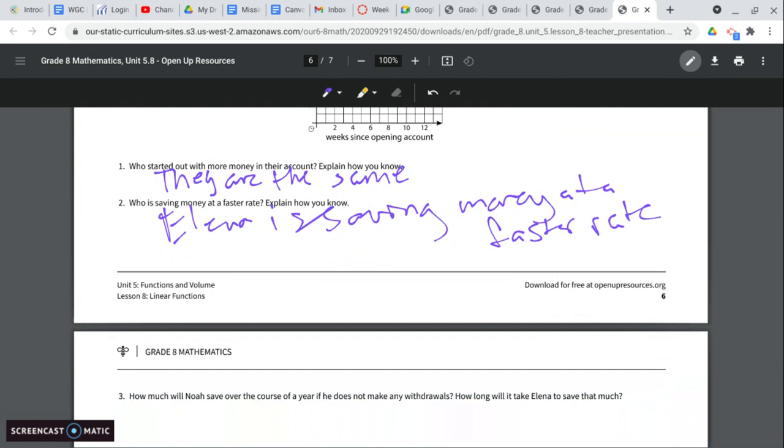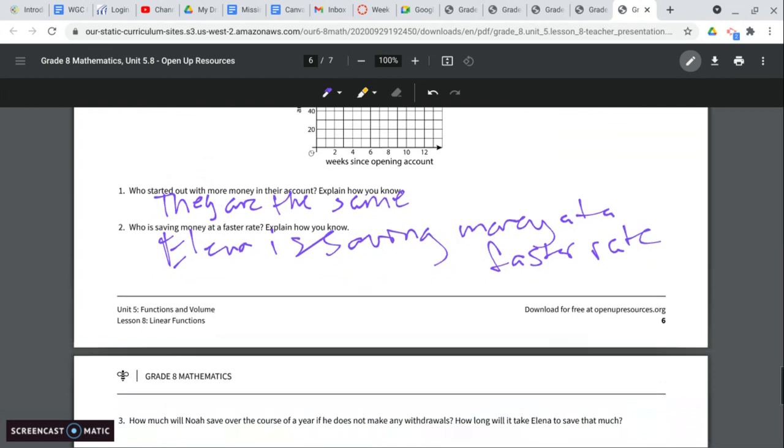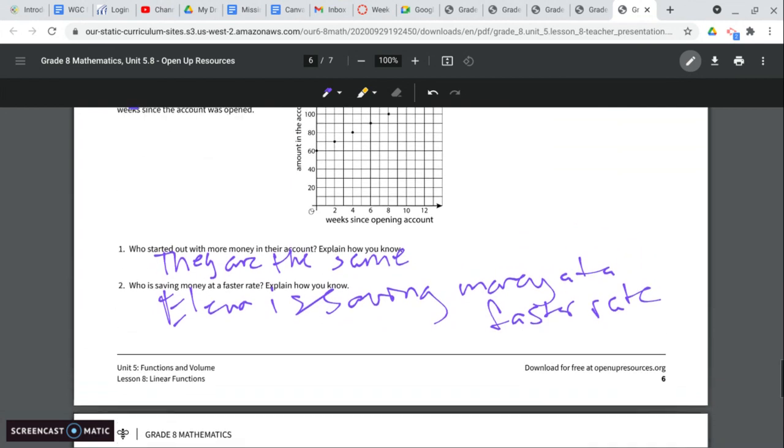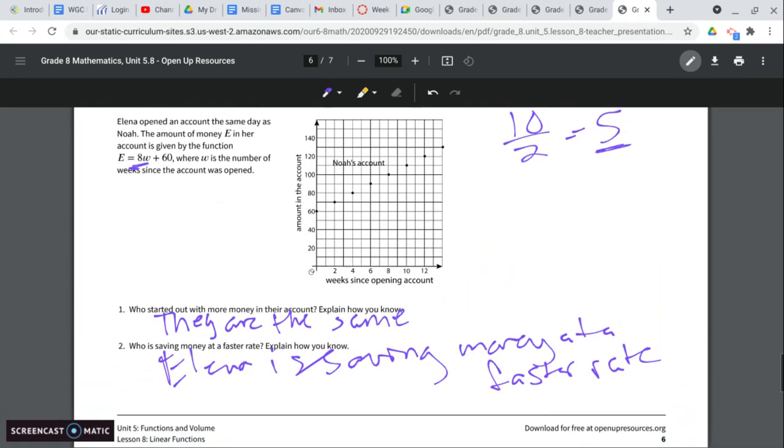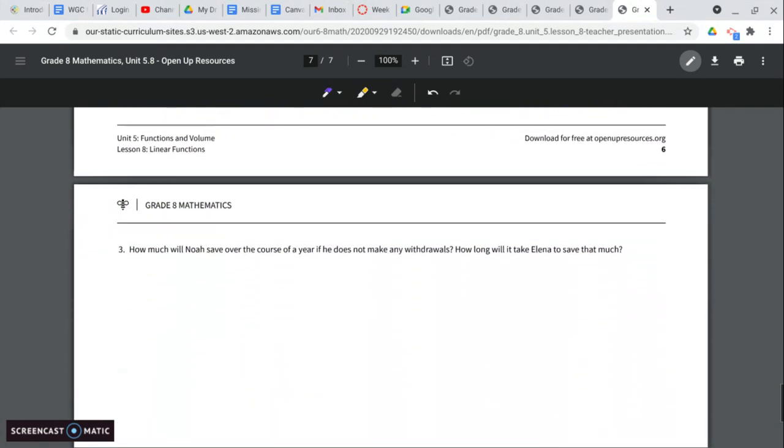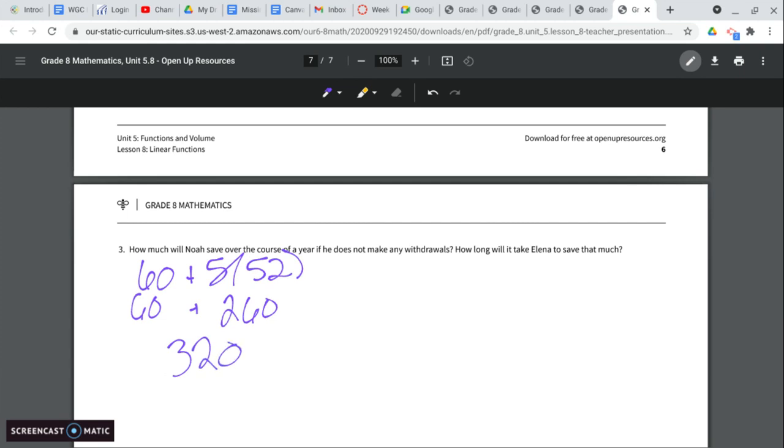All right. How much will Noah save over the course of a year if he does not make any withdrawals? How long will it take Elena to save that much? So first we have to think about how many weeks there are in a year. There are 52 weeks in a year. So he started at 60 plus 5 times 52, so 52 times 5 is going to give us 260 plus his initial 60, which would be $320 total.